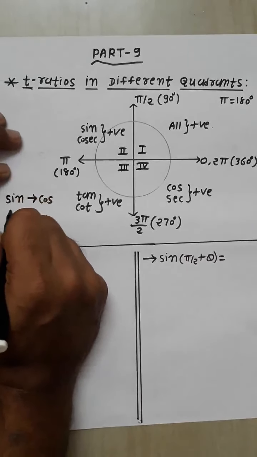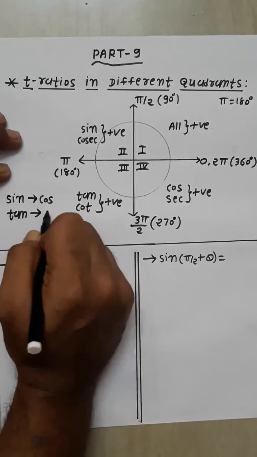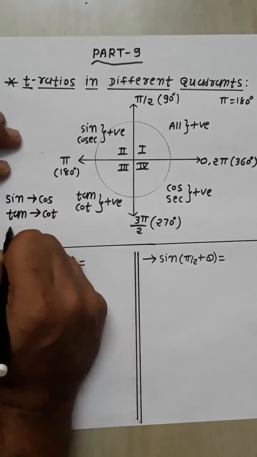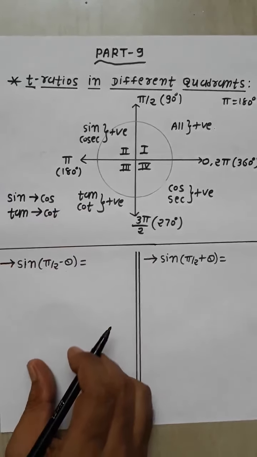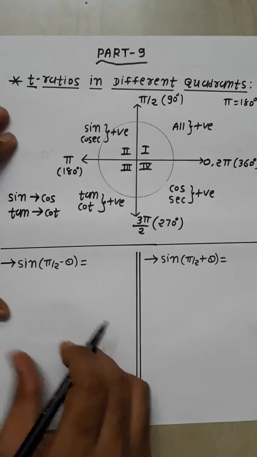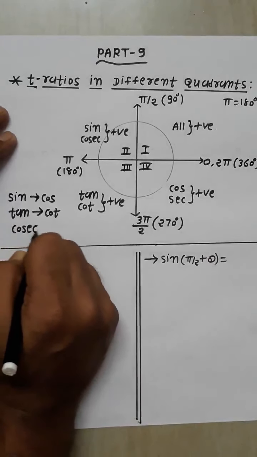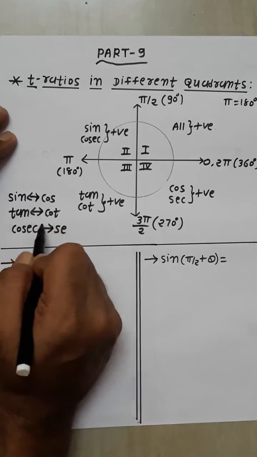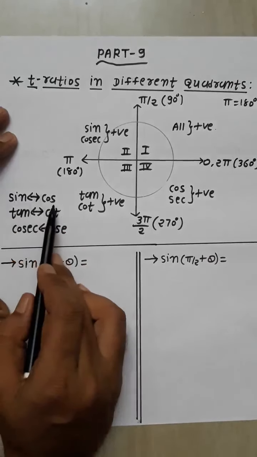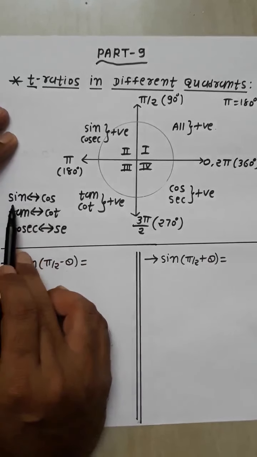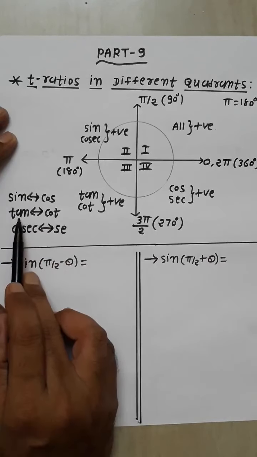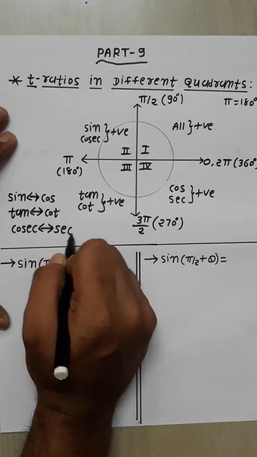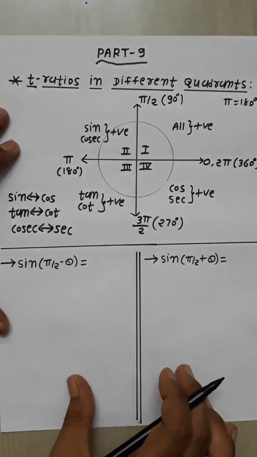Same way, if tan is present, convert into cot, and cot into tan. If cosec is present, convert into sec, and sec into cosec.